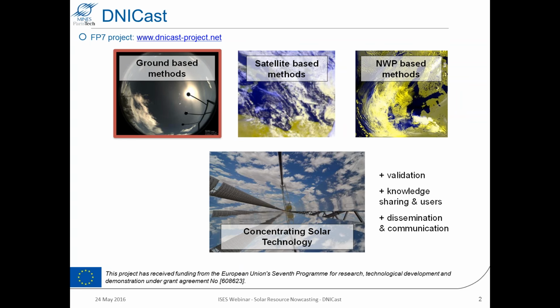The objective is also to involve the potential users of these nowcasting methods and to assure proper dissemination and exploitation of the project's activities and results. So you have the website of this project here.